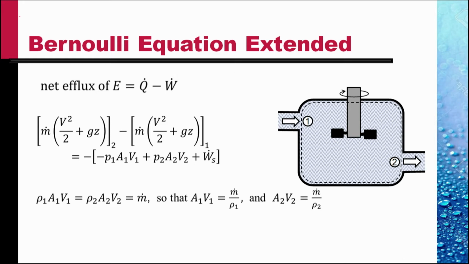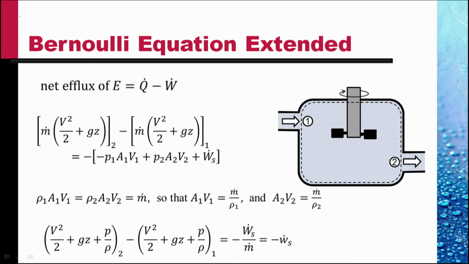And so A1 V1 is m dot divided by rho 1 and A2 V2 is m dot divided by rho 2. Using this, we can divide the energy equation by m dot throughout, and we get the relation, by rearranging, V squared by 2 plus gz plus p by rho at the outlet minus the same quantity at the inlet is equal to minus W dot S divided by m dot, which is minus lowercase w S dot.